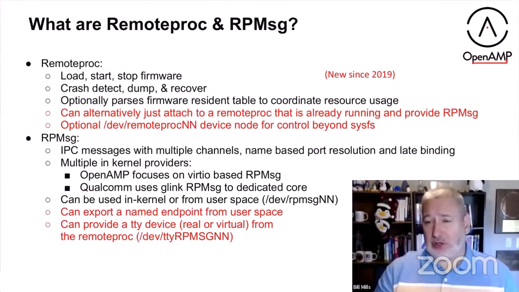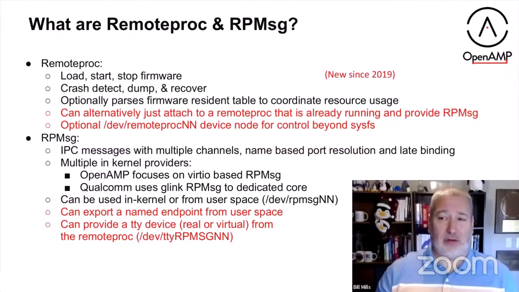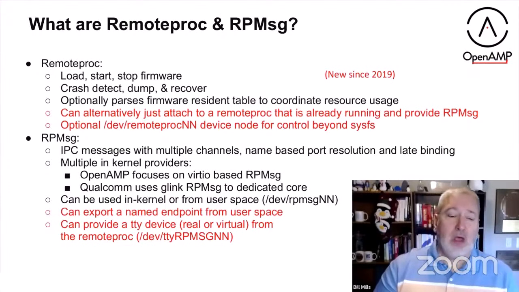It can optionally parse a firmware resident resource table that describes to the person loading it, normally the kernel, what resources that firmware needs, and this is how they coordinate on it.